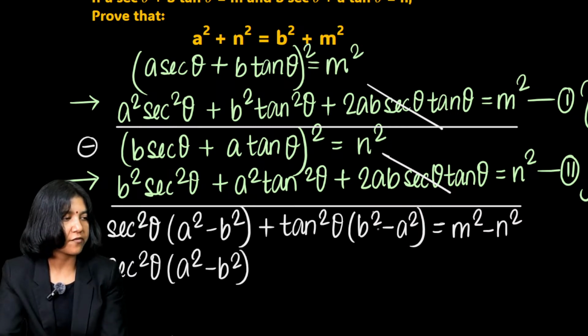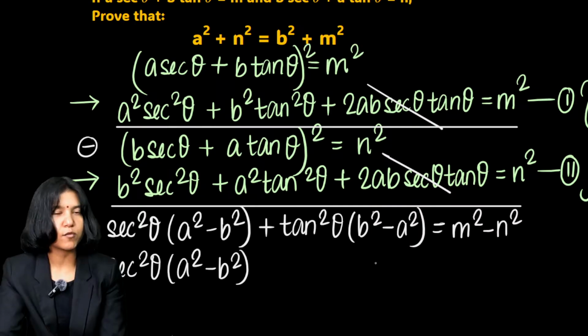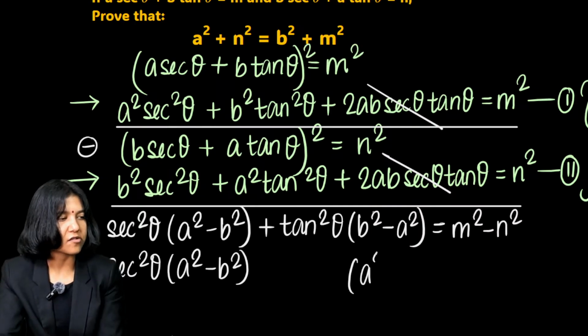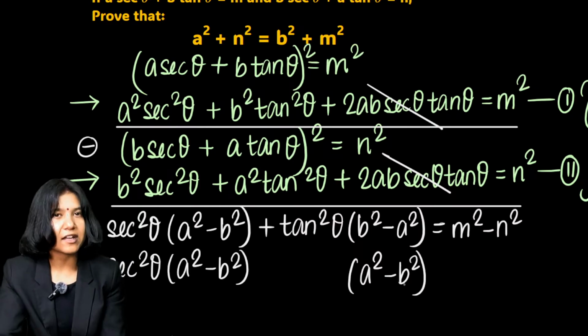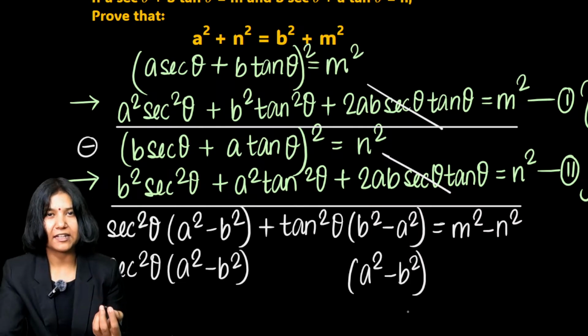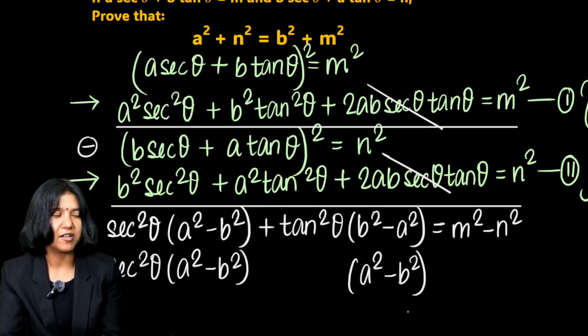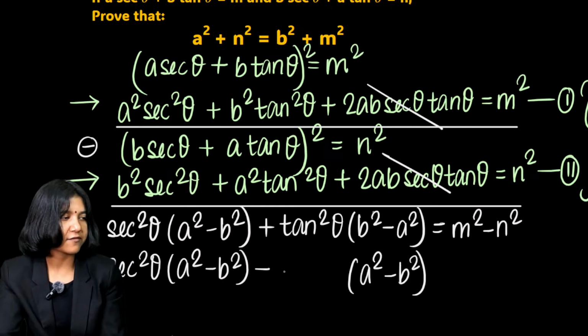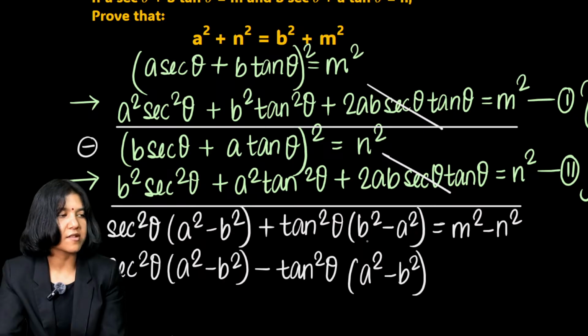Now, instead of this b squared minus a squared, if you want to write a squared minus b squared, all you want to do is make a squared positive and b squared negative. That can be done by simply multiplying by negative or taking out that negative part common. Because if I bring that negative outside, now I will have to multiply both terms by -1.